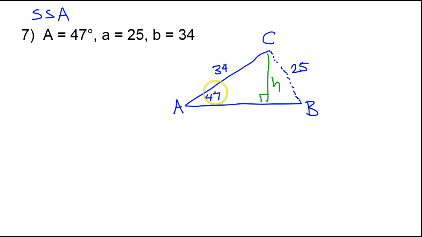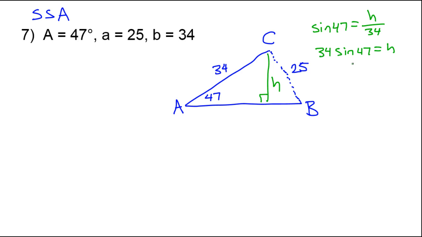We can find the height by doing the sine of 47. So the sine of 47, that's opposite over hypotenuse, so that's h over 34. Multiplying both sides by 34, that's going to give us 34 sine 47 is equal to the height. Punch this in your calculator real fast.